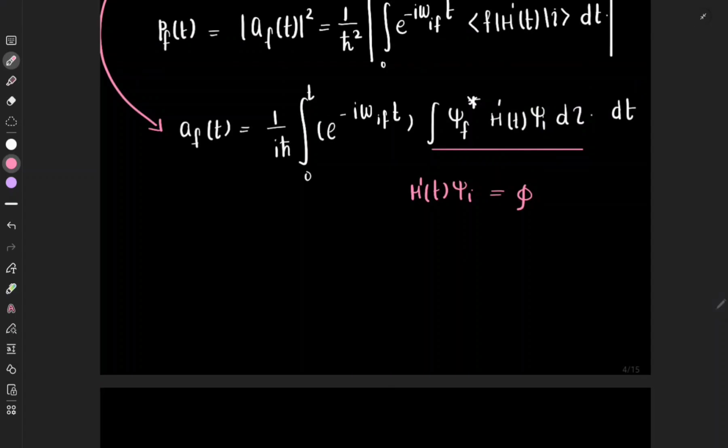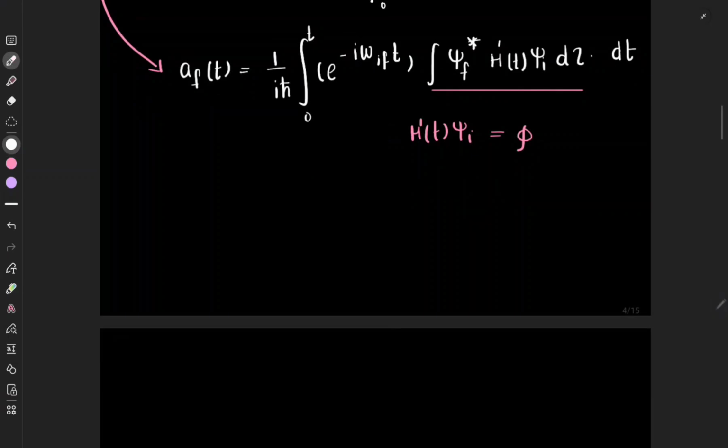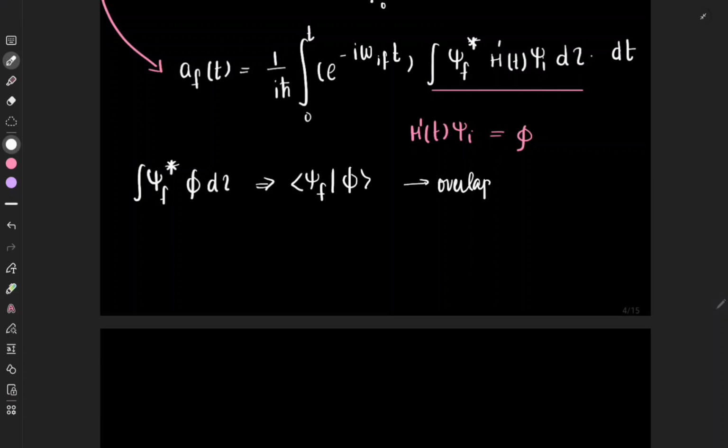And here overlap implies projection. So I can write the equation as integral psi f star phi d tau is equal to bra psi f ket phi. This is called the overlap integral.